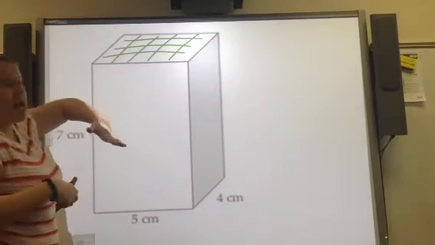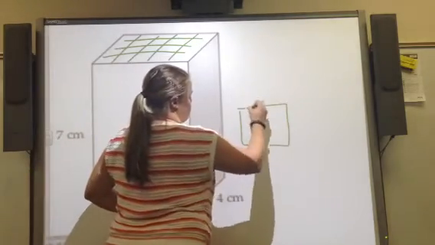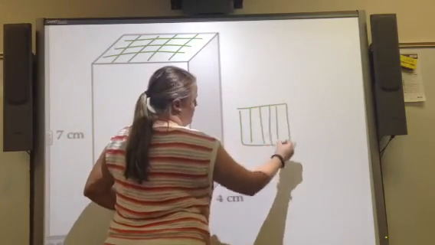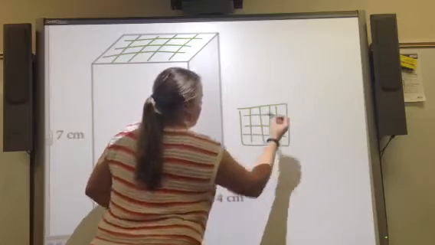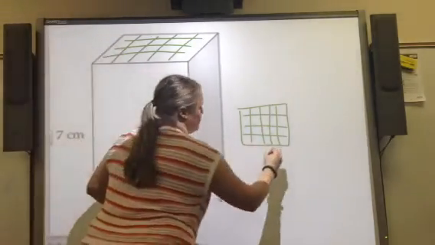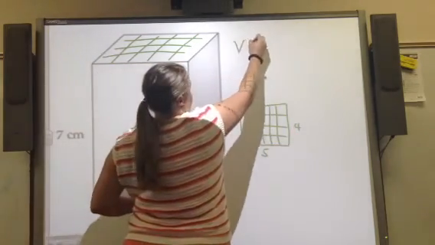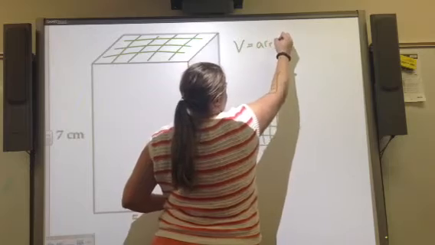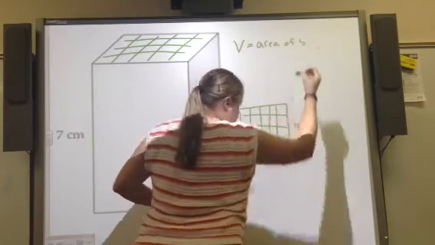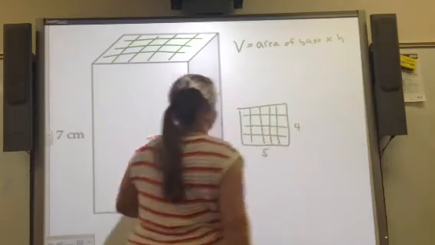So if we were looking at the top of this, it would look like this: 5 cubes wide, 4 cubes deep. And again, our formula for volume is area of the base times the height of the figure.